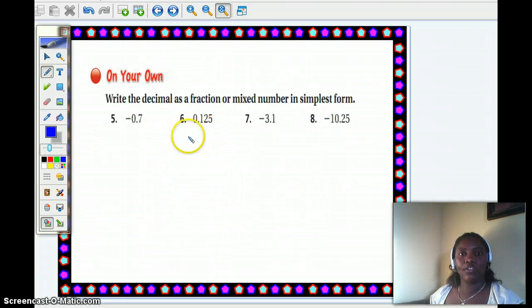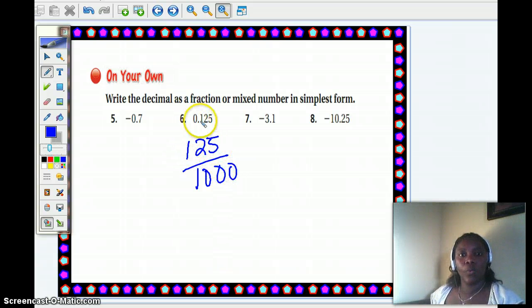Alright, let's go ahead and do number 6 together. So here we have 125 thousandths. Just like we read it, thousandths, so it will be over 1,000.